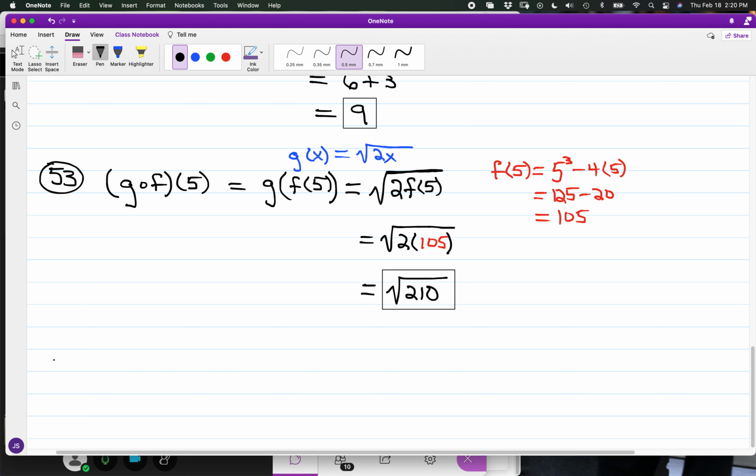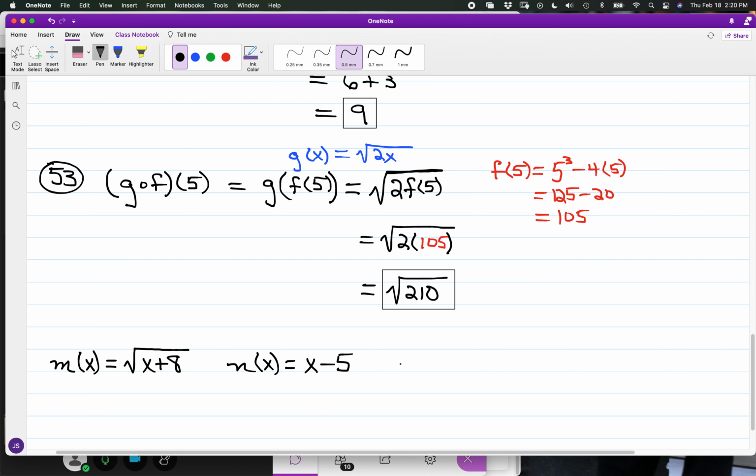And here, for the next group, we have m of x equal to the square root of x plus 8. And with n of x, we have n of x equal to x minus 5.